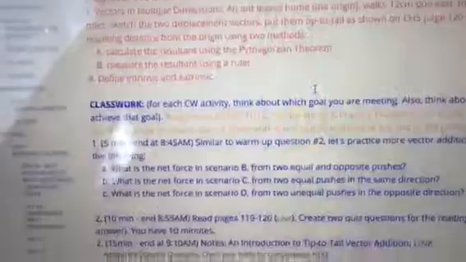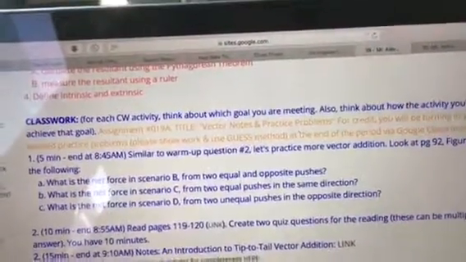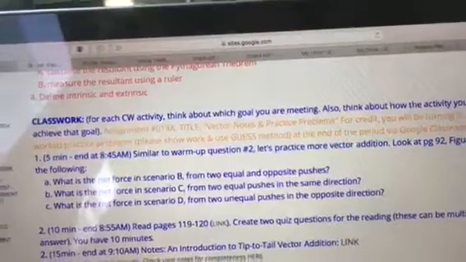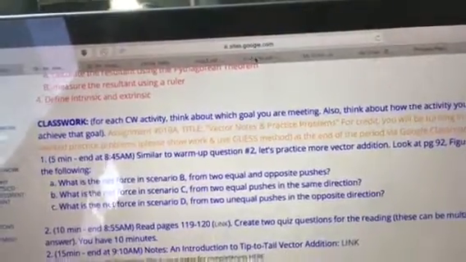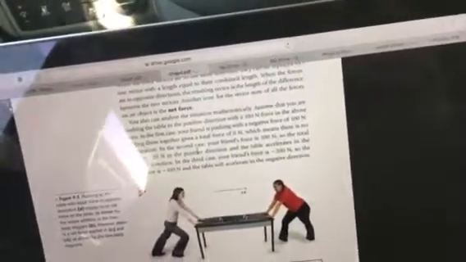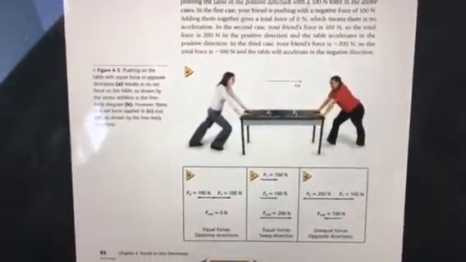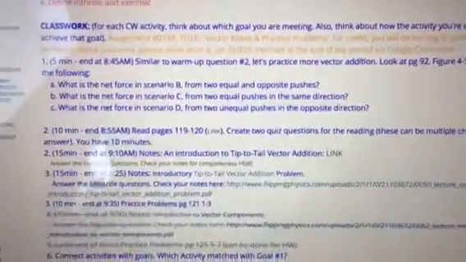Okay. What else? You had some classwork. Let's take a look at this briefly. One of these was, where'd it go? Here we go. The push. And so you had to look at this image and see what was going on with that.